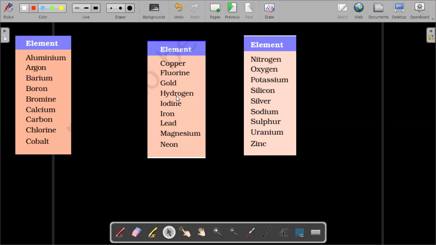Mercury is a metal at liquid state, at room temperature. Mercury is the only metal which is liquid at room temperature.